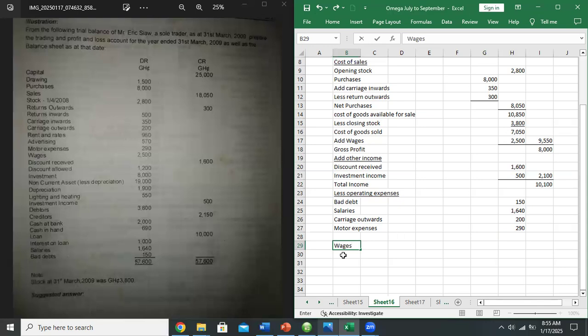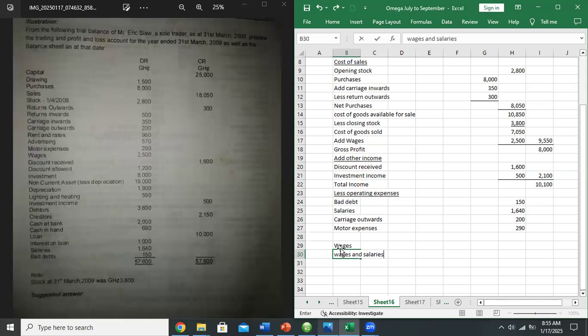But if you see wages and salaries, if you see salaries attached to wages, then it doesn't go to the trading account. It comes to your profit and loss account. This is the information your teacher is giving you. If you have the Terror series, you can confirm that there as well. Maybe the other book might have an error.